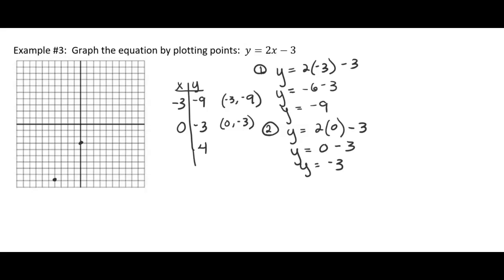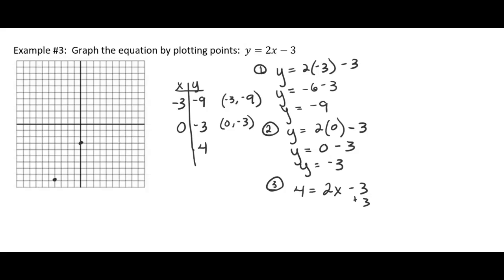Now on the third one, I had chosen 4 for x, but then I changed that. I thought, let's do something creative here. Let's make it for the y. So you can do that. You can put 4 in for y. And so I'm going to have 4 equals 2x minus 3. What I have to do then is solve this equation for x. But we know how to do that from chapter 2.